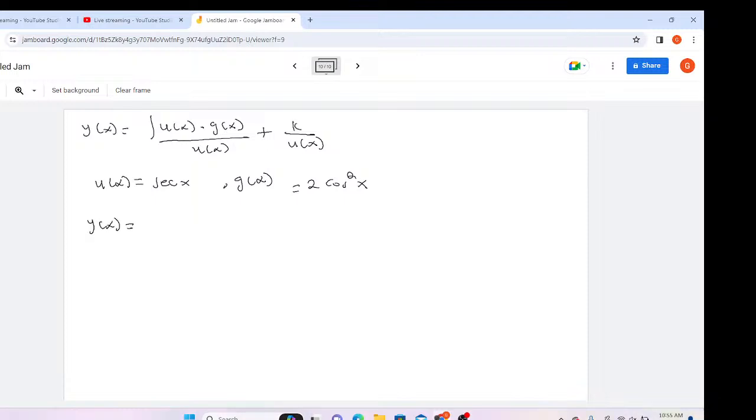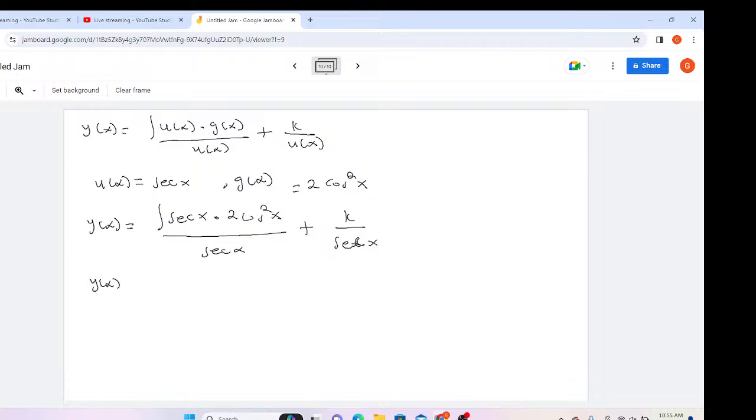So y of x is equal to integral sec x multiplied by 2 cos squared x, all over sec x, plus k over u of x, which is sec x. We know sec x is 1 over cos.